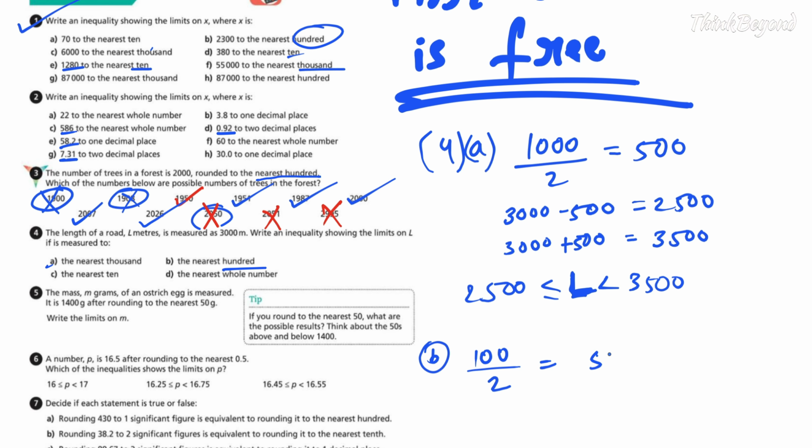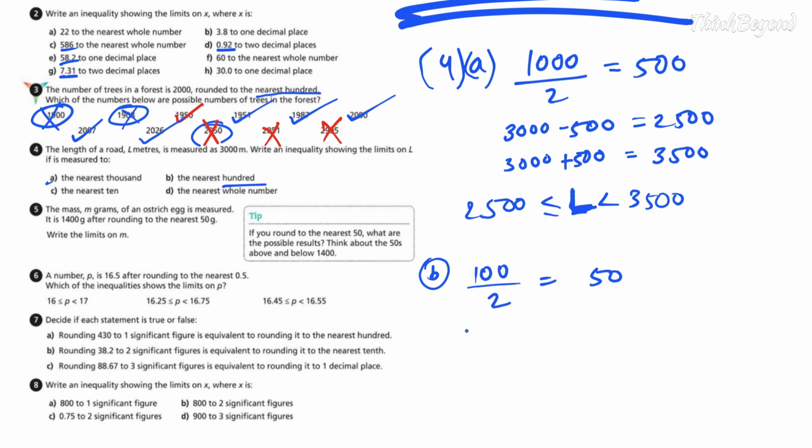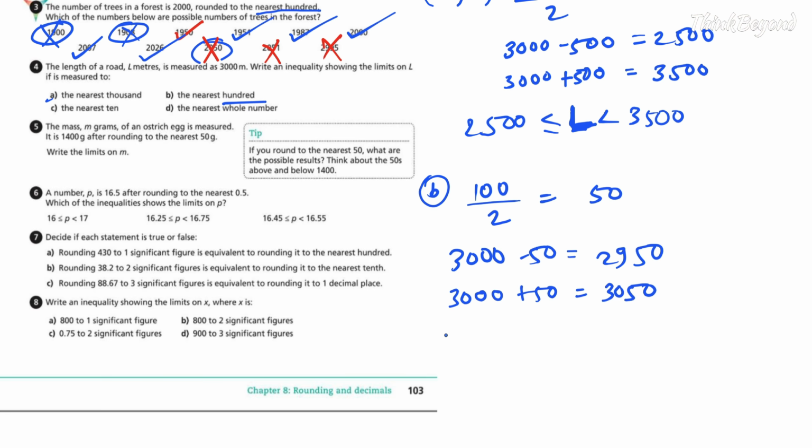Half of 100 is 50. So 3000 minus 50 is 2950. 3000 plus 50 is 3050. Write the inequality: 2950 is less than or equal to L, which is less than 3050. Done with question B also.